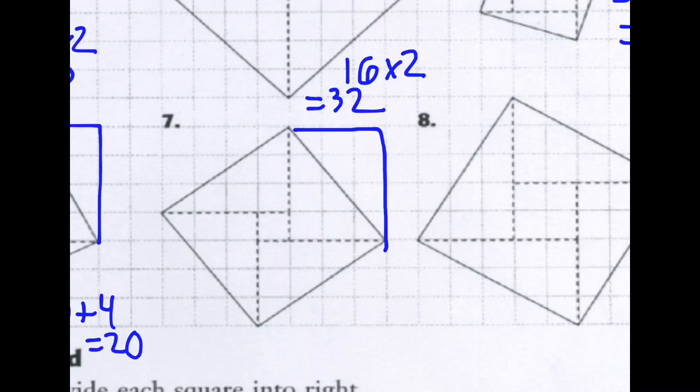So two of them make 12. To get four of the right triangles, I'd have to double it. That's 24. Plus there's one in the middle. So plus that one in the middle, and that makes 25.